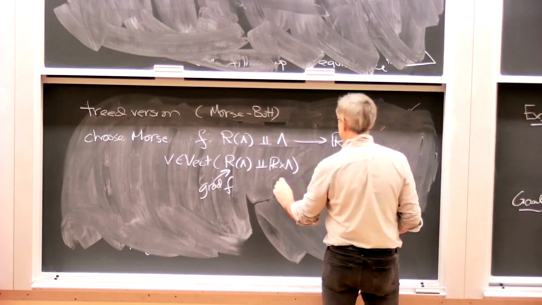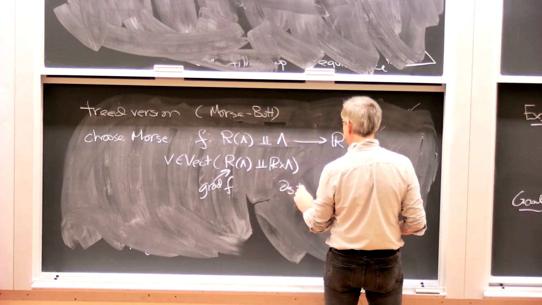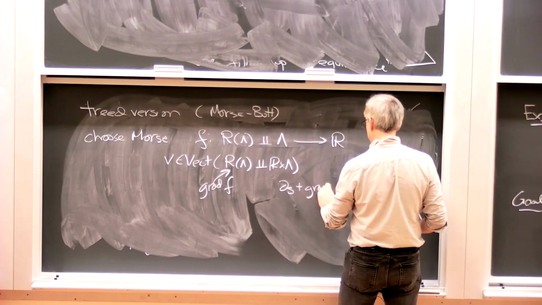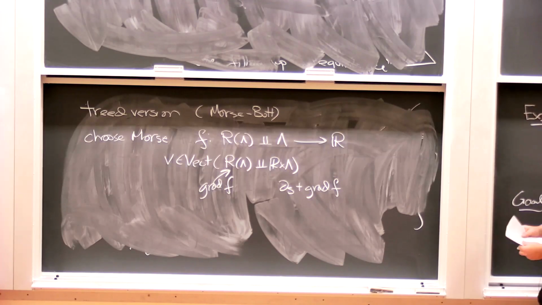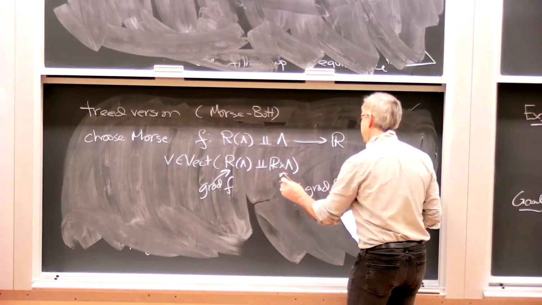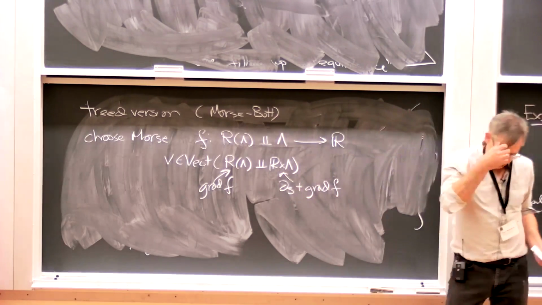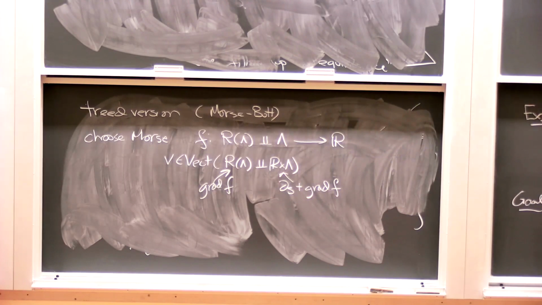And on the second factor, it's some translational thing plus the gradient vector field here. So this is actually similar to what you would do if you do Morse theory with boundary.